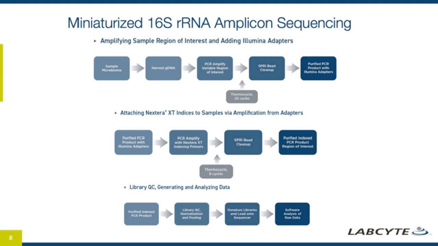Then for the second PCR, we took the product of that and performed a short cycle, just 8 cycles of PCR amplification to add on unique indexing primers, and then did a bead cleanup and purified that product, which was then put through library QC, so fragment analysis as well as quantitation.